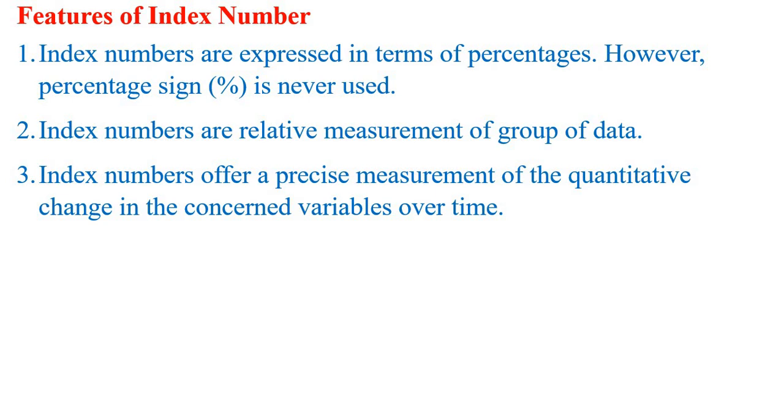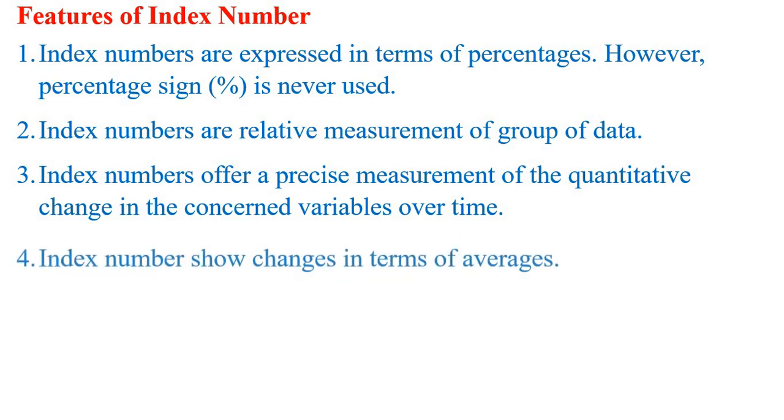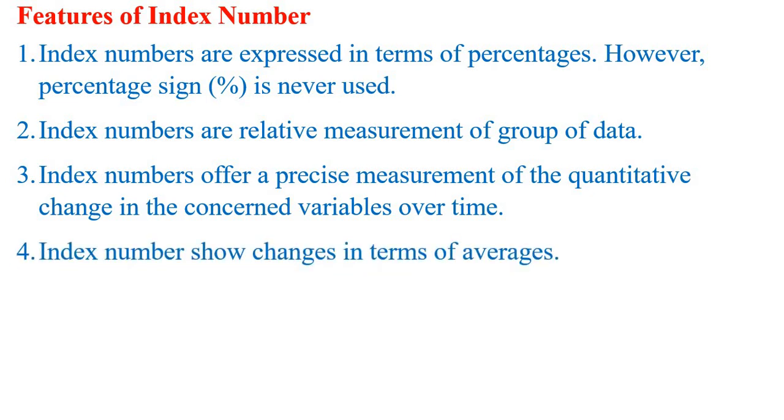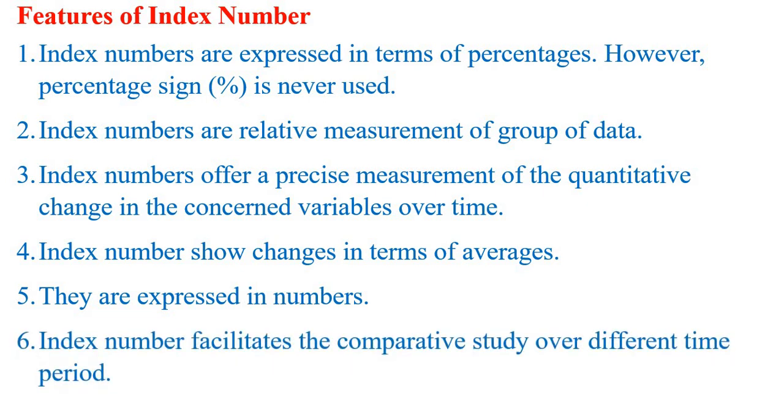The fourth is that it shows the changes in terms of averages. Then it is expressed in numbers, as statistics itself is always written in terms of numbers only. Then it allows comparative study over different time periods. So these are the features of index number.